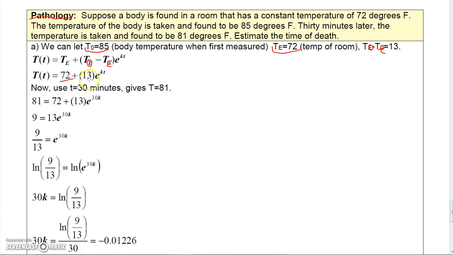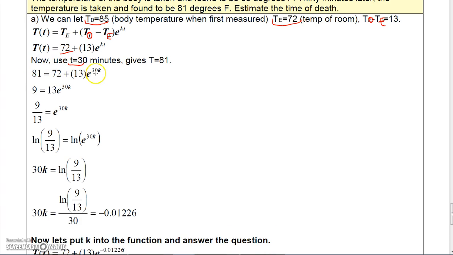So I'm going to have 13 e to the kt. Now, let's use t equals 30 minutes. Well, when t is 30 minutes, that gives that the temperature of the body is 81 degrees. So let's put in 81 degrees for the temperature of the body, and then 30 minutes here for t.